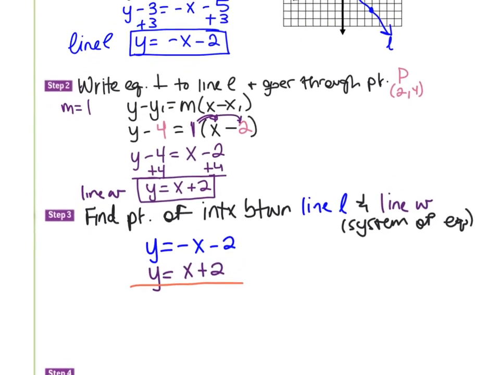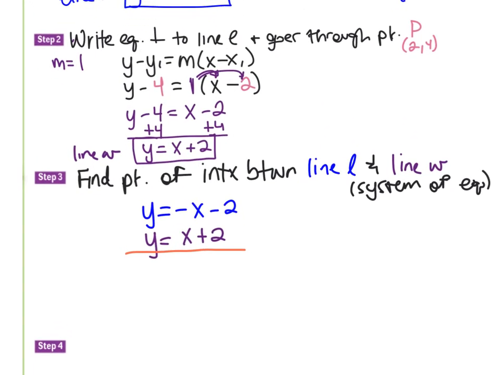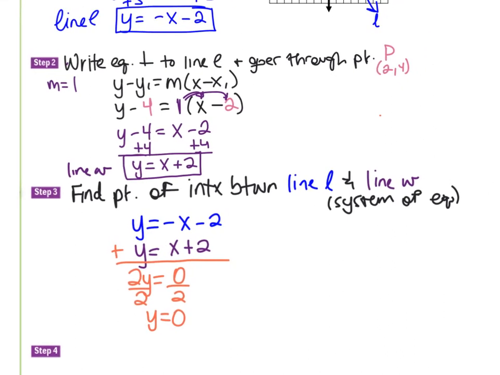To find that, we need to eliminate one of these variables. Just looking at it, I can already get rid of my x's, since I have one positive, one negative. In order to do that, you add the two equations together. We get 2y equals, your x's cancel, and then -2 plus 2 gives you 0. To get y by itself, you divide by 2. Y equals 0. So this is going to be the y-coordinate.